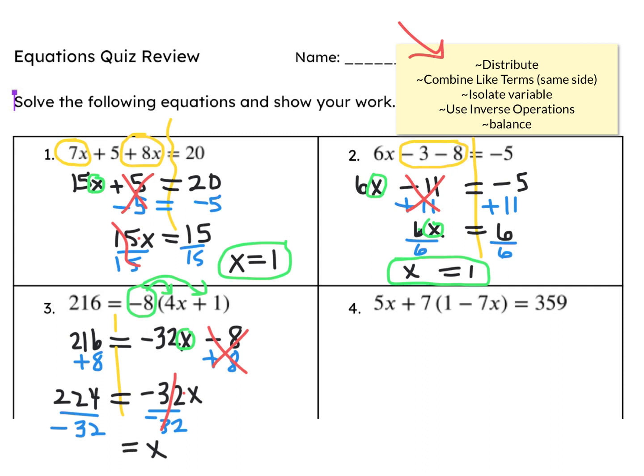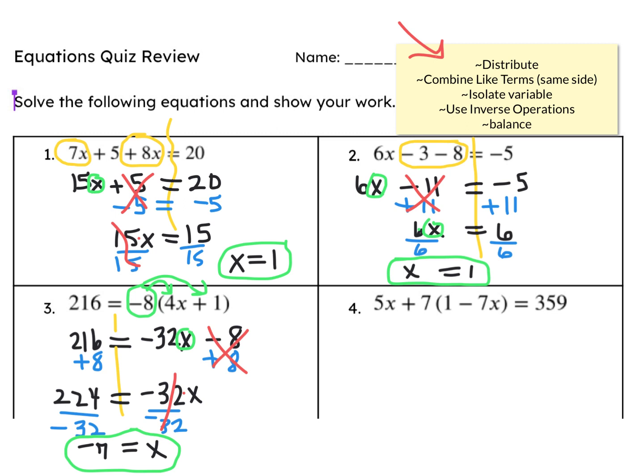And then 224 divided by negative 32, that equals a negative 7, because a positive divided by a negative is a negative. Okay, so we got negative 7 for that one. And we got to use all the steps on that one.